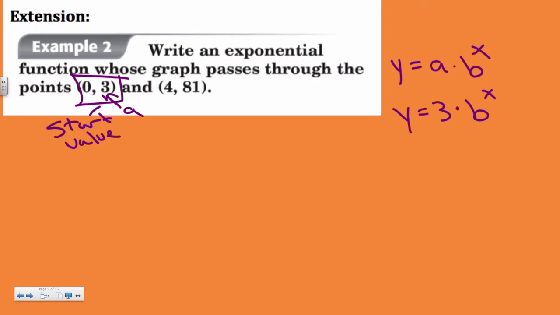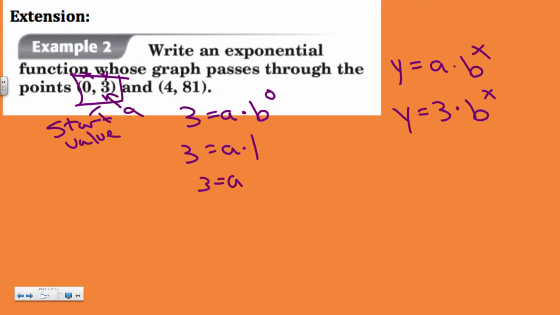If you want proof of this, I can say, all right, the 0 is my x, the 3 is my y, and plug it in. So I would get 3 equals a times b to the 0. Well, b to the 0 is really 1, so a has to be 3.